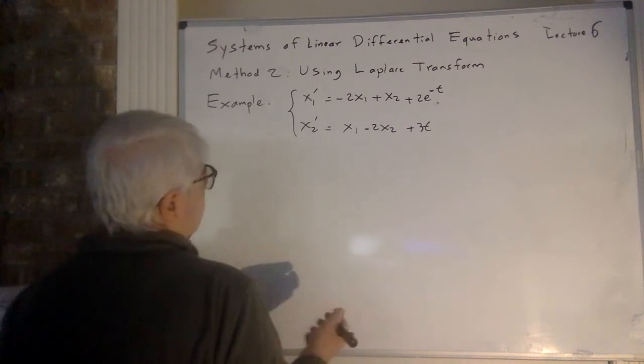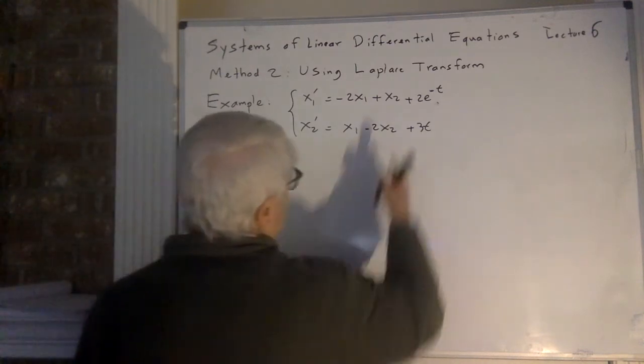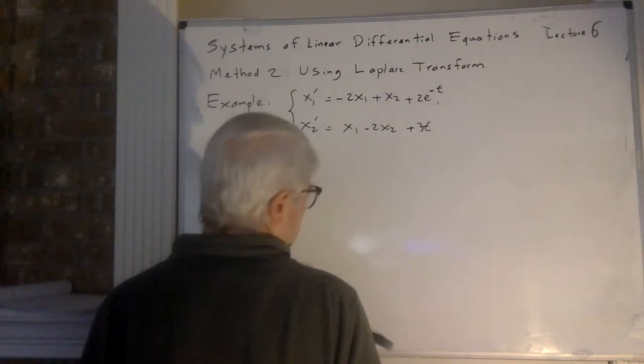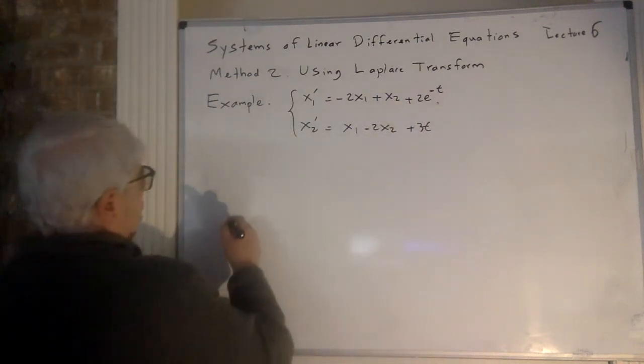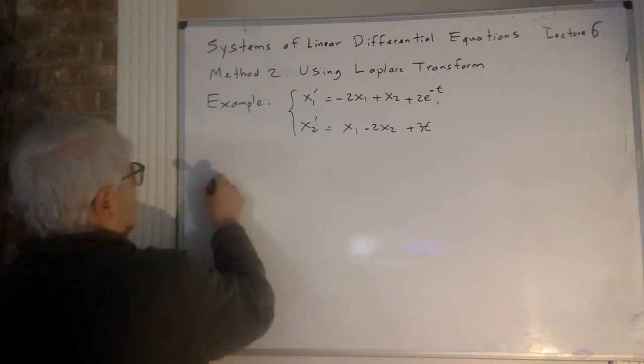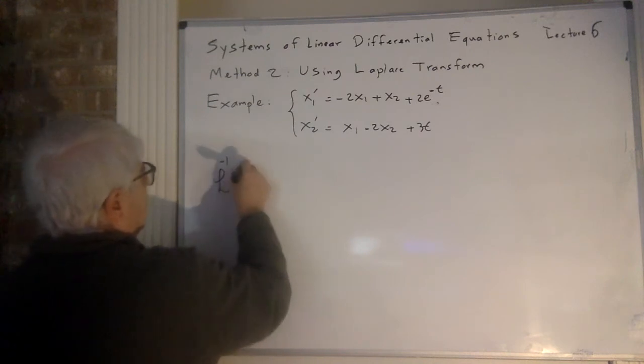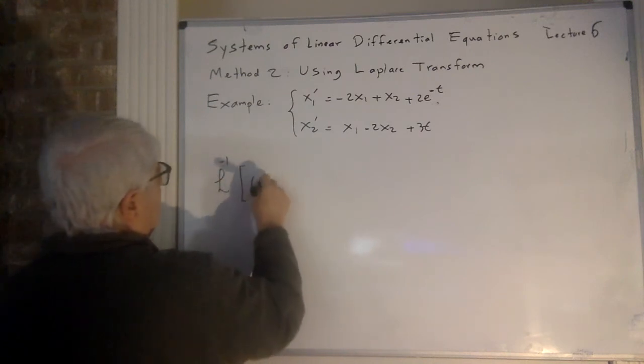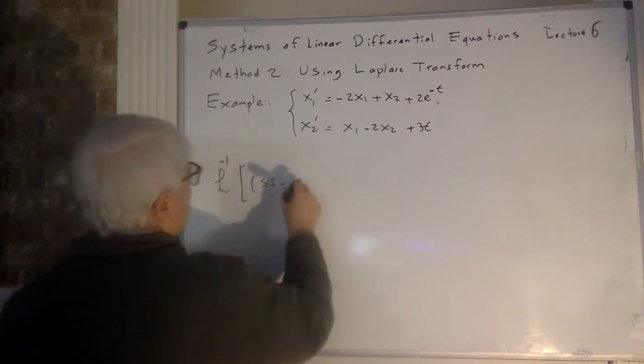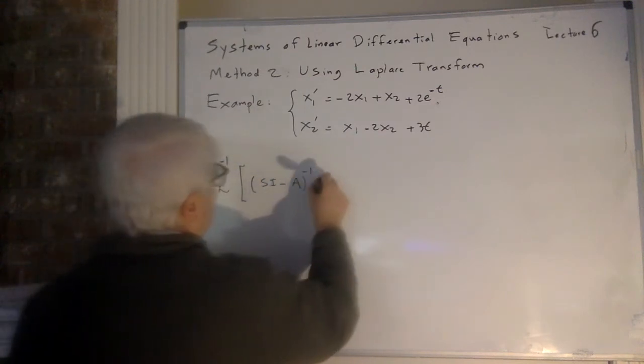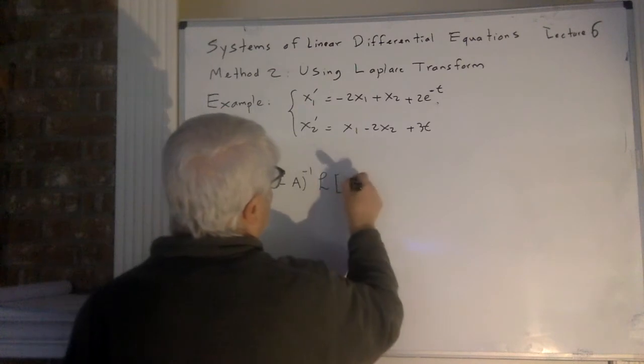From that formula, the only thing I need is the Laplace of these two, right? I know I should find the Laplace inverse of sI minus A inverse times the Laplace of this g(t).